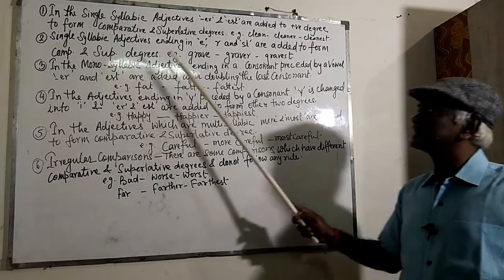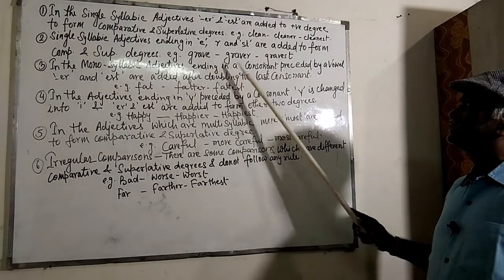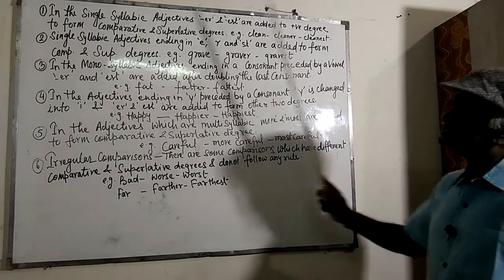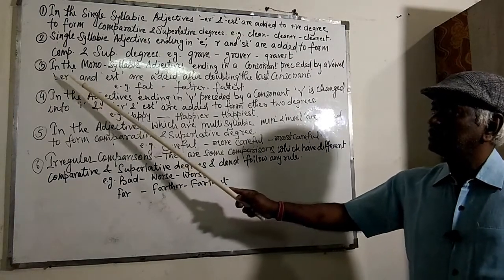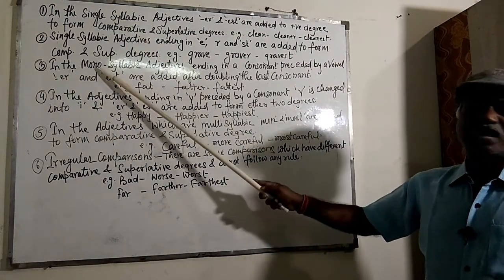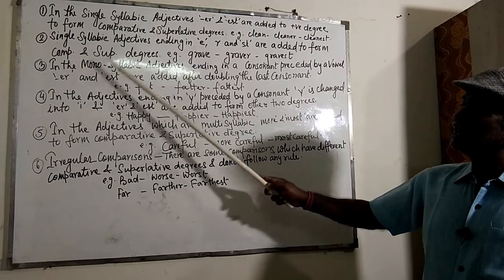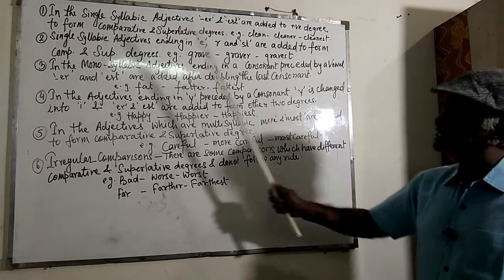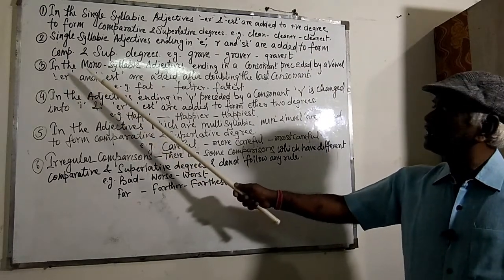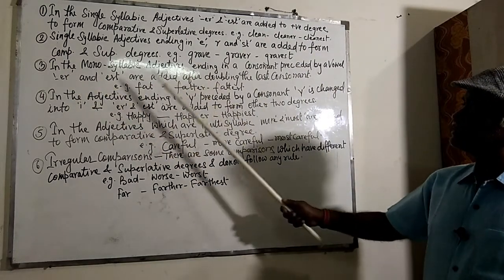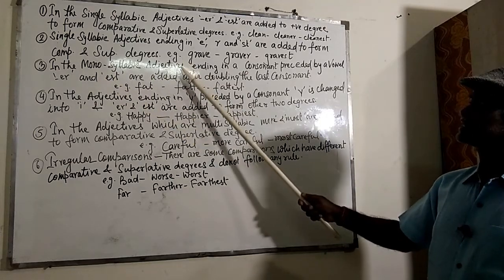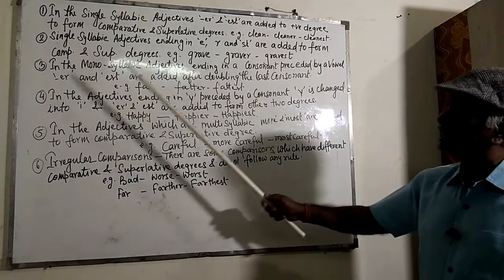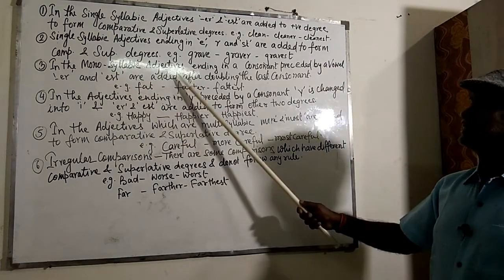In the monosyllabic adjectives ending in a consonant preceded by a vowel, ER and EST are added.